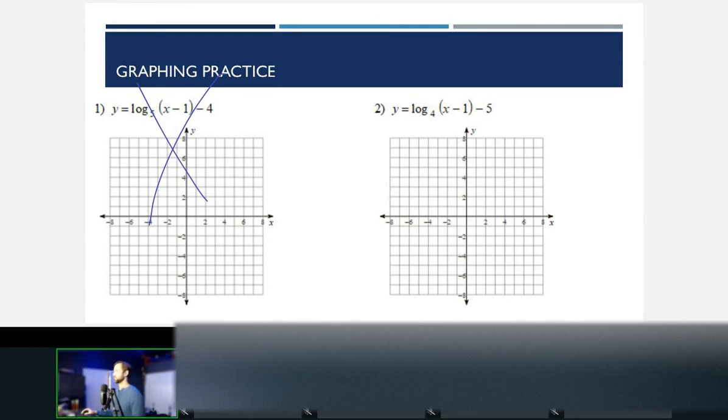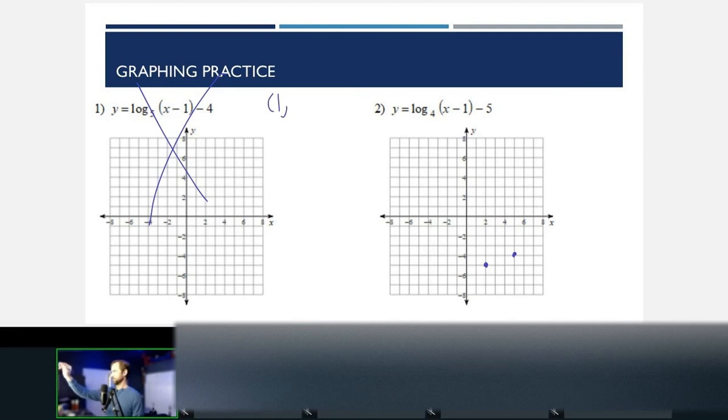All right, what are those? What are the two new points that you found? 2 comma -5 and 5 -4. 2 -5. So right here and 5 -4. Yeah, I think, let's see.